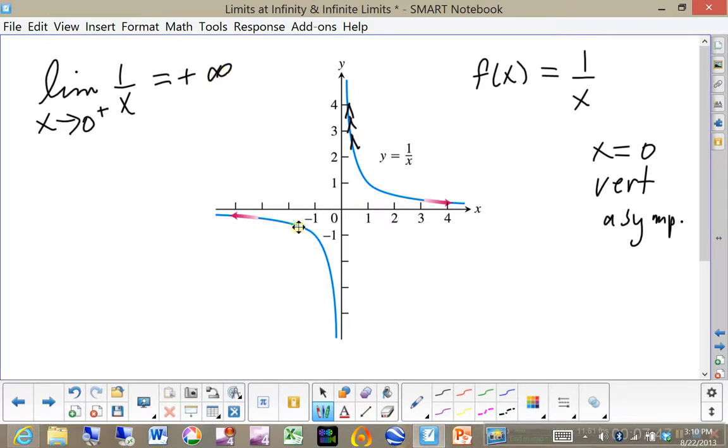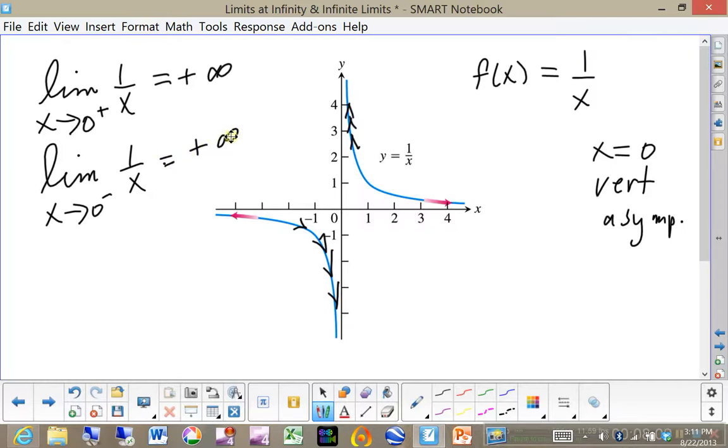If you also look from the left and let x approach 0 from the left, you can say that the limit of 1 over x as x approaches 0 from the left is equal to minus infinity.